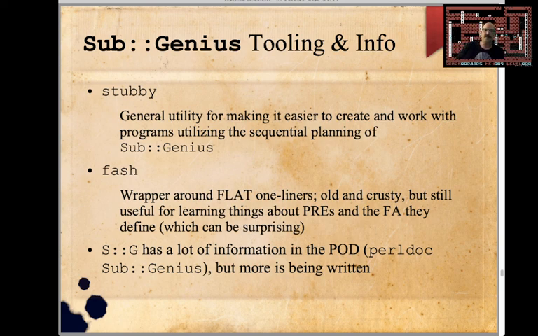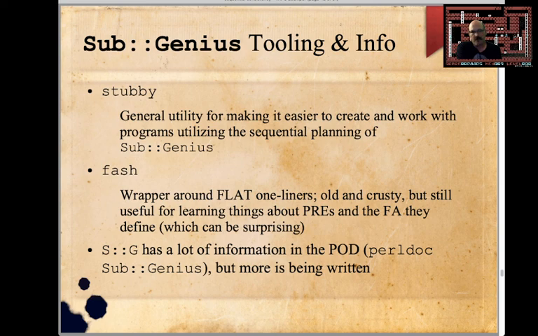So Fash is an old shell script that basically provides access to a bunch of one-liners that are available through Flat. I plan on sprucing that up a bit, but it's what I can use to, say, dump the different finite automata in dot and GraphViz format for visualization.